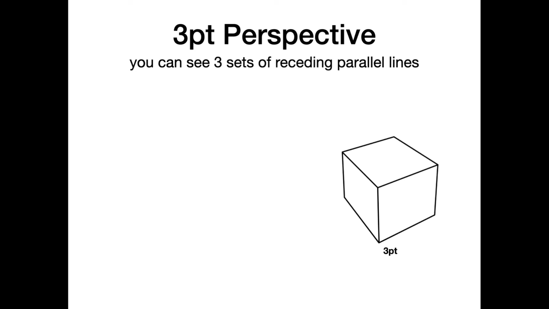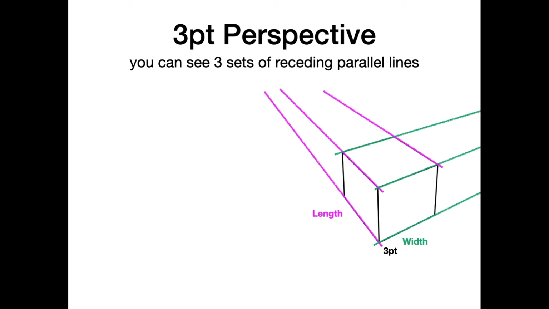Now what happens if we put that cube on the floor? We are now looking down at the cube, and the tippy corner of that cube is what is closest to us. Now, all three sides of the cube are receding away from us. The length of the cube is receding away from us towards the left. The width of the cube is receding away from us towards the right.